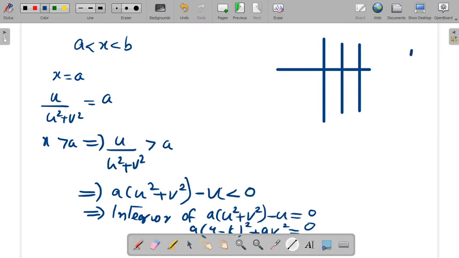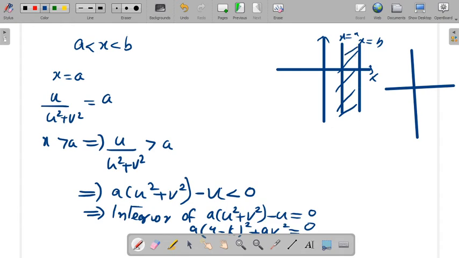So we have x = a in the xy plane, x = a and x = b, and we are finding the image of this infinite strip.